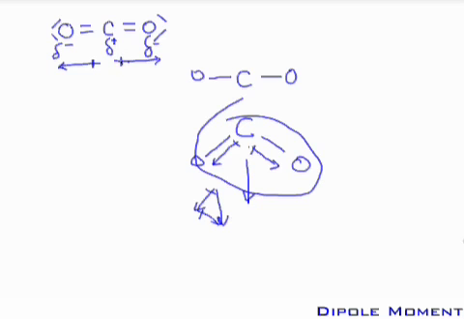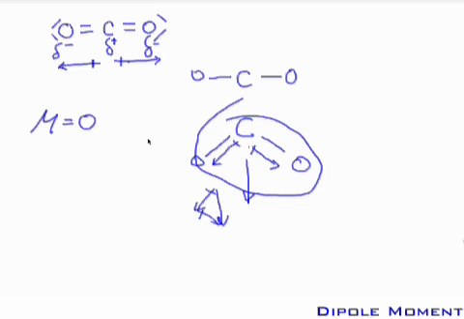Because the vectors are equal and opposite, it's like a tug of war. Yes, this bond has a dipole. Yes, this bond has a dipole. But once you add them up, they cancel out. If the molecule is linear, mu, in this case, would equal 0. It's experimental evidence as to the shape of a molecule. This represents just one important use for dipole moments.